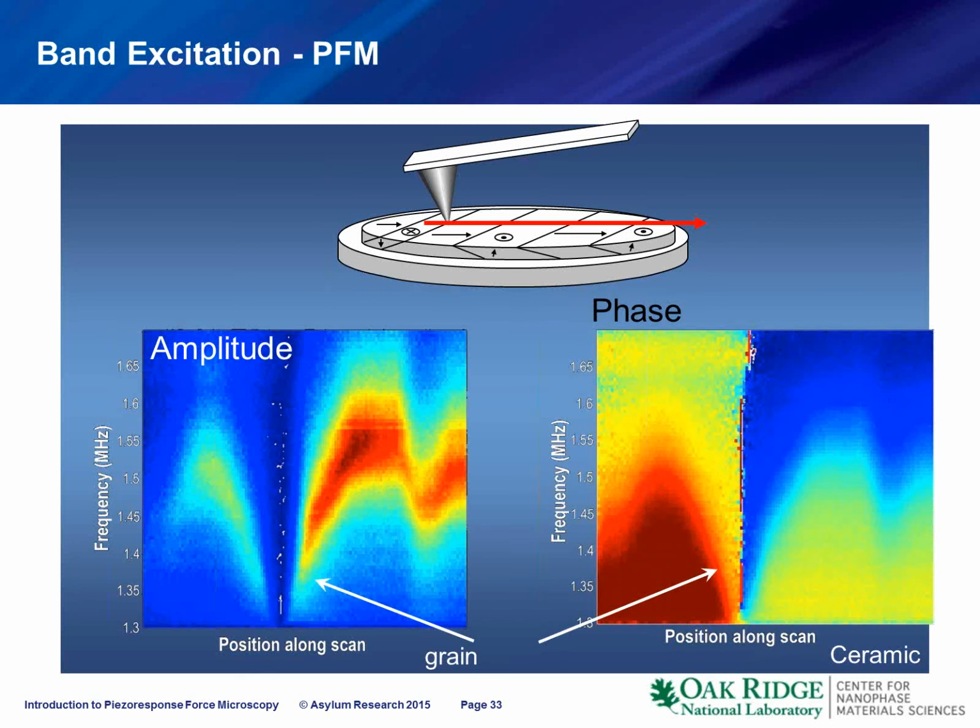This tells us where the resonances are, and these are the mechanical properties. We can also see the strength of the electromechanical coupling, and these are, for example, ferroelectric domains. So now we completely separate the amplitude of the electromechanical coupling and topography.